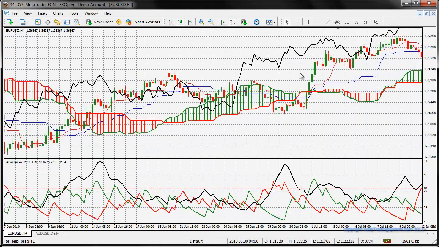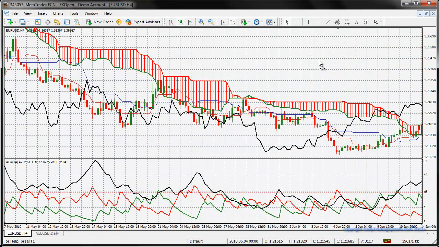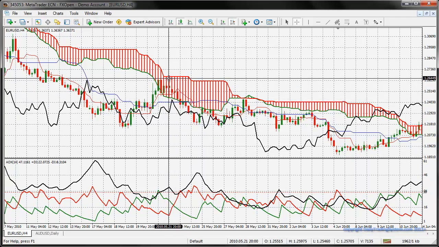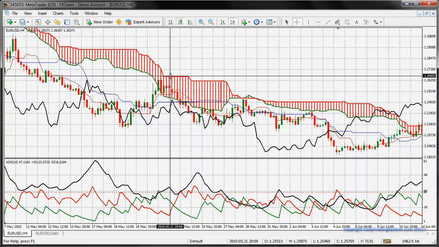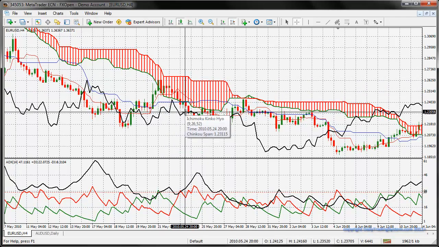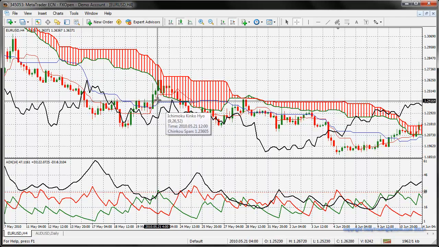Let's find a short signal. Here the negative directional index crosses above the positive, however, although the candles seem to be below the cloud, or at least the top portion of it, they haven't completely come out. So that would be a no-go.